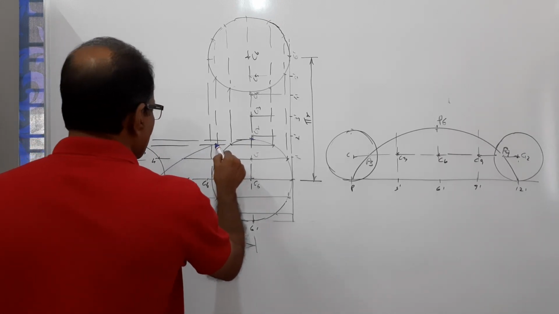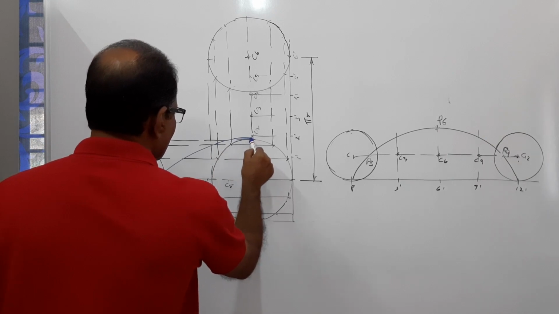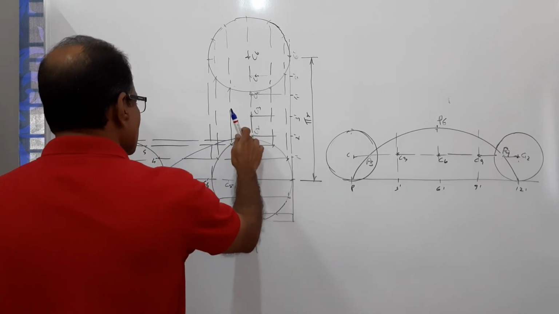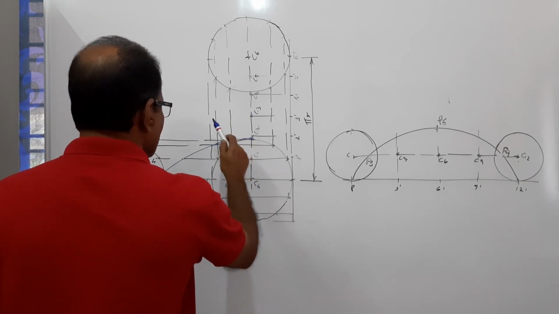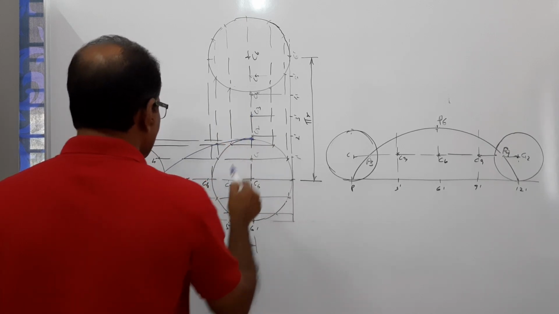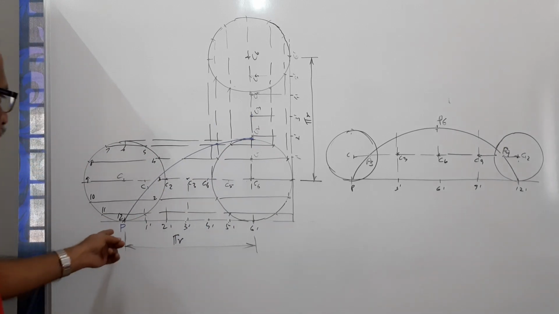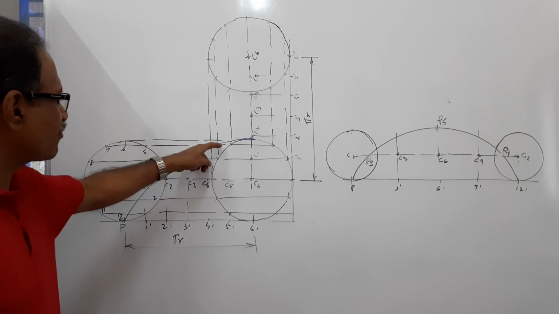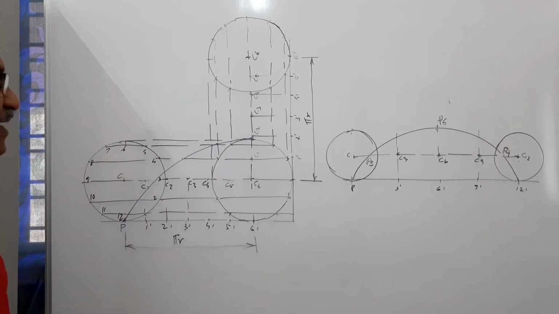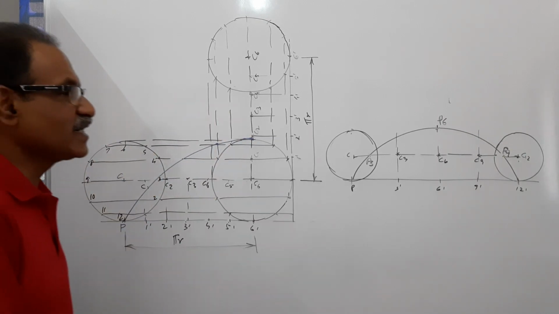Tracing the points and connecting, get a curve like this. P1, P2, P3, P4, P5, P6, no doubt. Okay, then the circle is rolling up.